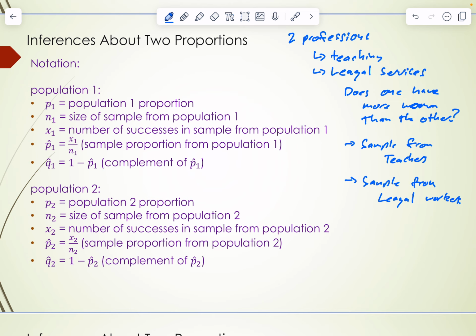The proportion may differ, but does it differ significantly? And we can do a hypothesis test to determine whether the difference in proportion is significant.